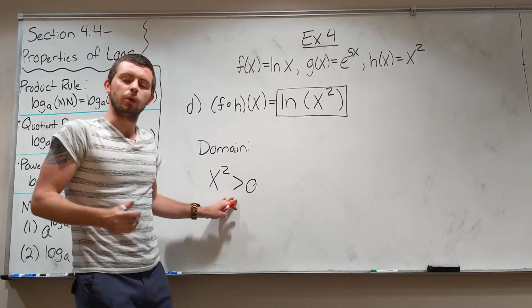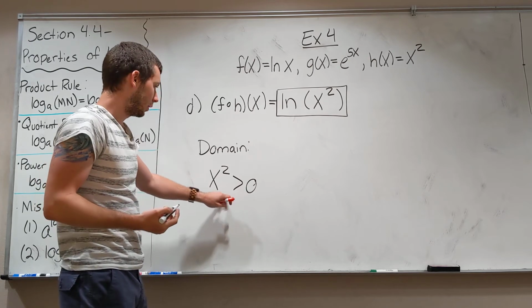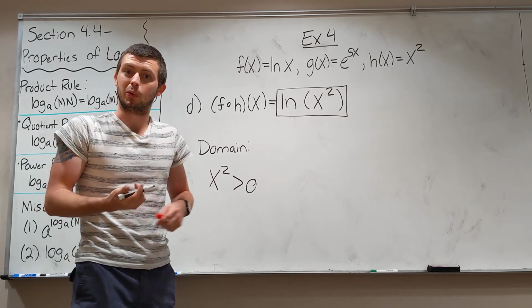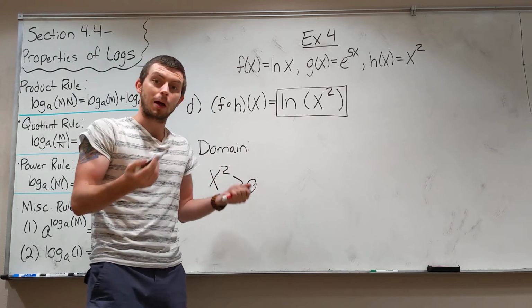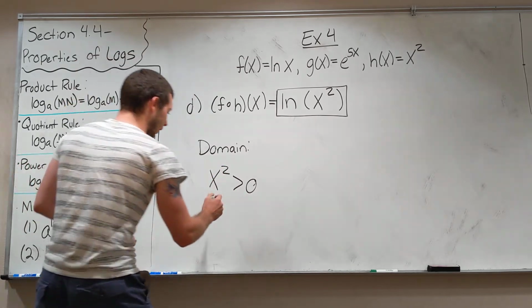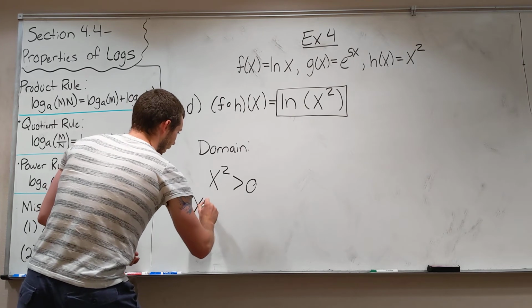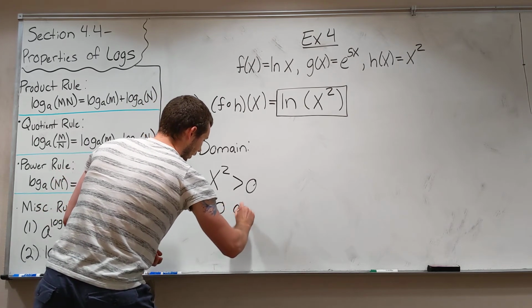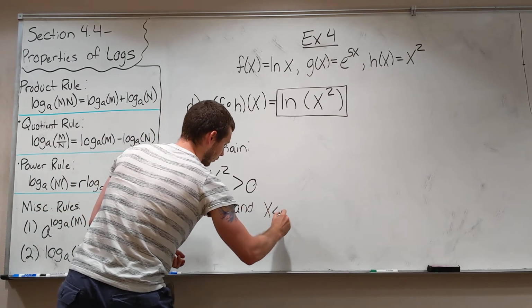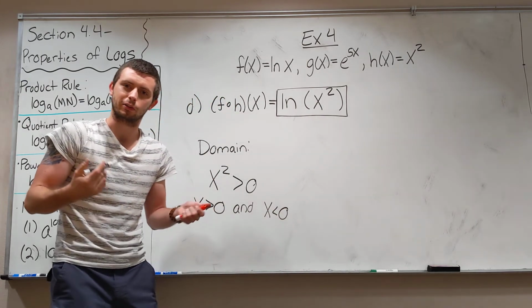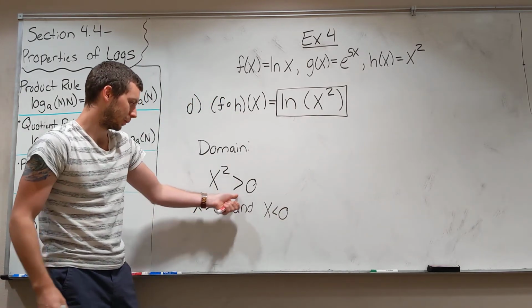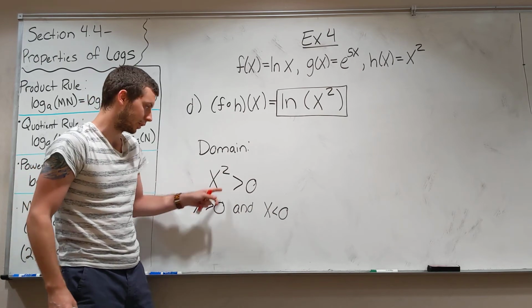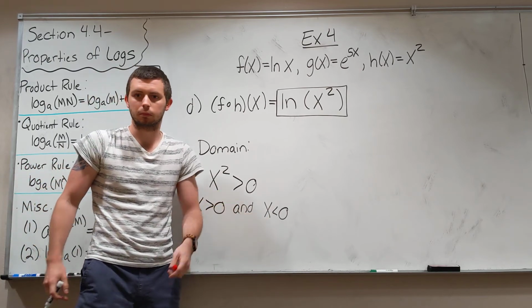Now here, taking the square root will not show you the full extent of options. So what you actually get is x is greater than 0 and x is less than 0. And that kind of is derived from the plus or minus situation you get. The plus would give you the positive values, and the minus, well, the opposite.